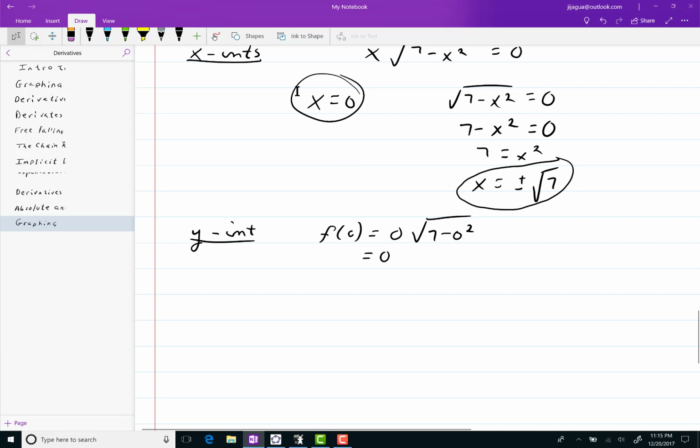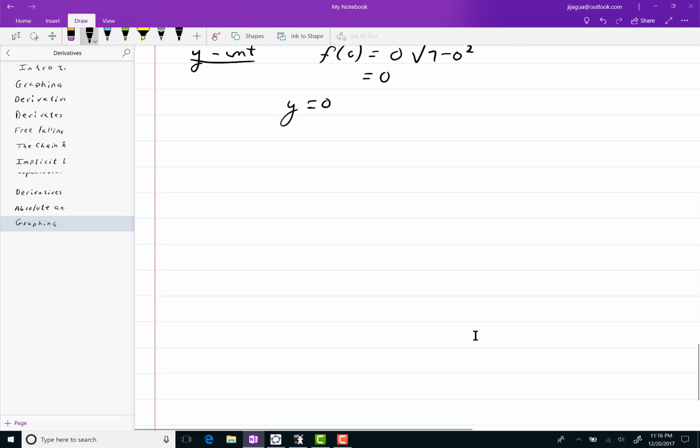When x equals 0 is an x-intercept, well, 0, 0 is automatically going to be a y-intercept. Remember, you only get one y-intercept on a function. So in all, my three intercepts are 0, 0, and plus and minus radical 7, comma 0.